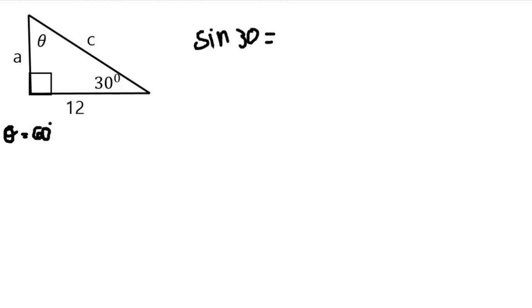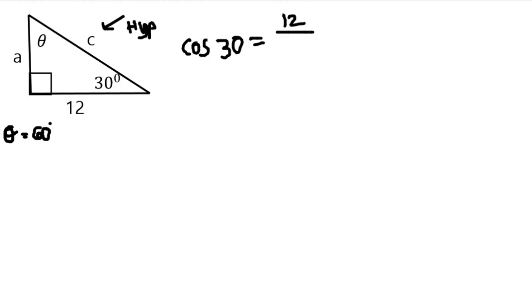As we can see, it is adjacent to the 30 degrees. So therefore, let's use cosine 30. Cosine 30 is adjacent over hypotenuse. So adjacent is 12 and our hypotenuse is C. This is ADJ and that's HYP.